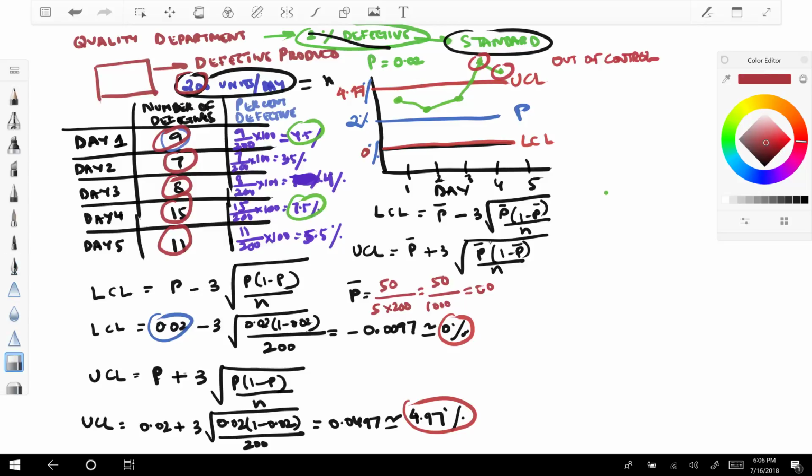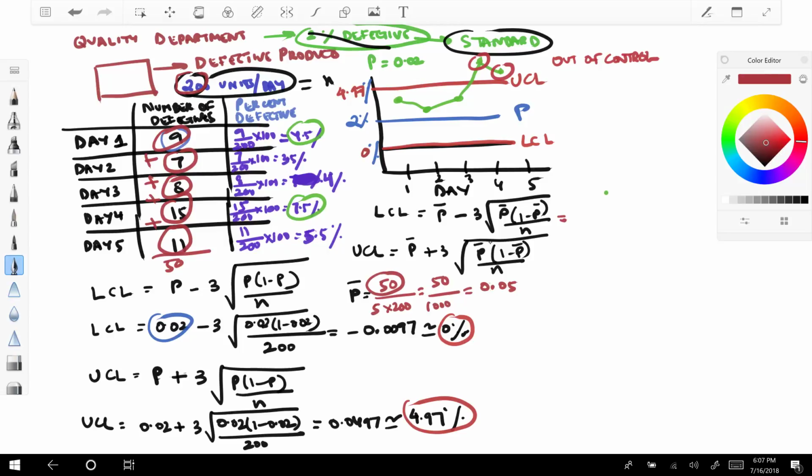So let me erase this and rewrite it. So this is 0.05. To get this 50, we added all of these. And the total we got 50. So once we have the P bar, we can substitute P bar into our formula.